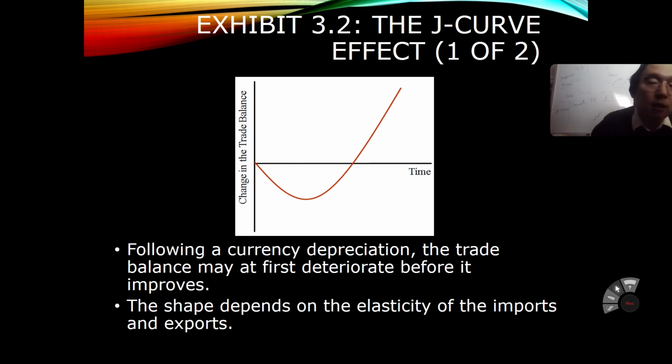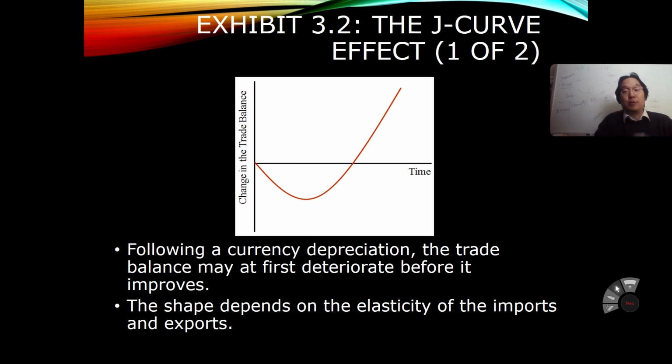What you see on the vertical axis is the change in the trade balance, 무역 수지 적자 흑자 in Korean terminology, right? Above the horizontal line is surplus, and below the horizontal line is deficit. How does it get affected over time? What you see on the horizontal axis is the timeline, so the red line shows the trade balance over time.